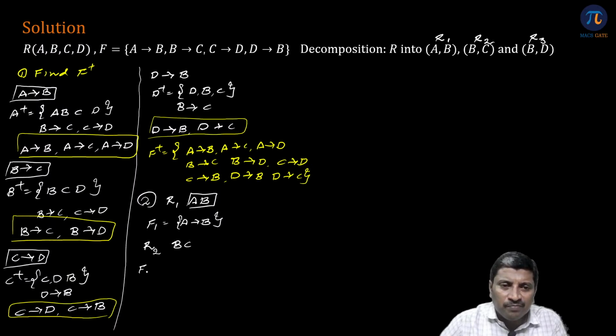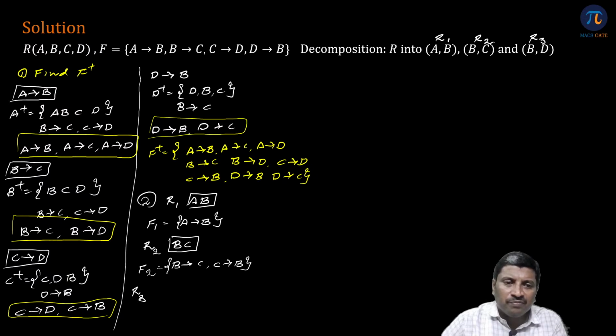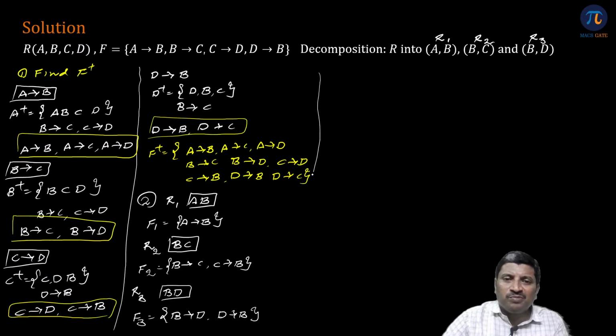With BC, B implies C, C implies B. What is R3? B, D. With BD, you can write B implies D, D implies B. So this we completed.